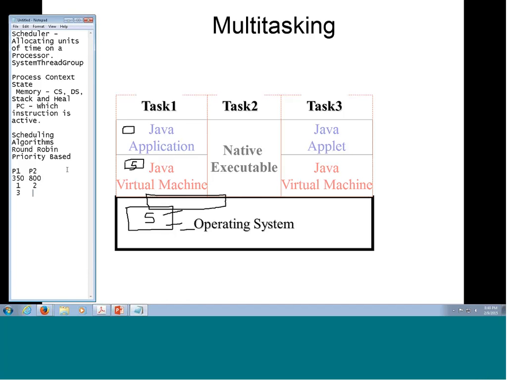Then I go back. I take out 6 quantum. I'm done. Process 2 is done. You see? Does that example make sense? So that's round robin. And modern operating systems implement a hybrid of the two. Okay?